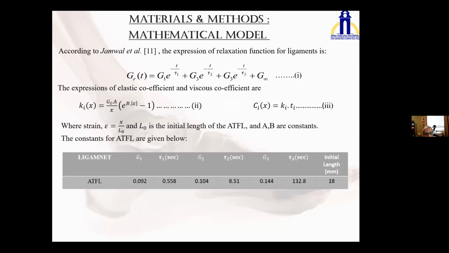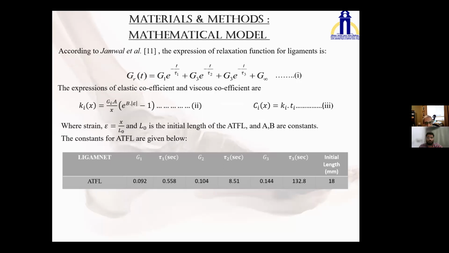We have used here the quasi-elastic model proposed by Jamwal et al. He has proposed the relaxation function G(t), where G1, G2, G3, and G infinite are relaxation coefficients, and tau1, tau2, tau3 are three time constants.